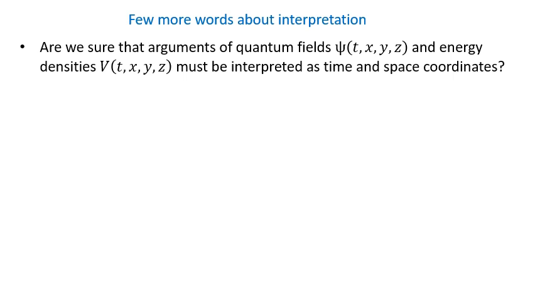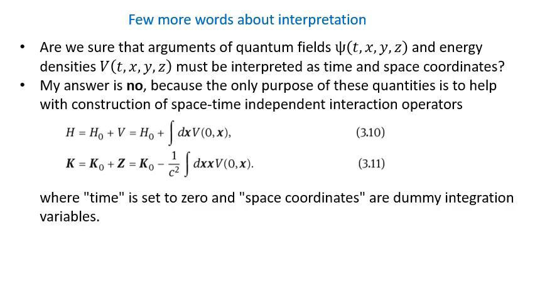But if you think about it, you'll realize that this interpretation was forced upon us only by the misleading notation that used familiar letters T, X, Y, and Z. As we mentioned previously, fields and energy densities are good only for constructing interactions in the Hamiltonian and boost. But in these interaction operators, the t argument is set to 0, and x, y, z components are just dummy integration variables.